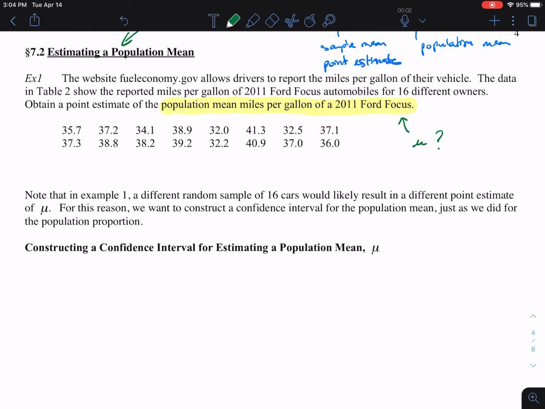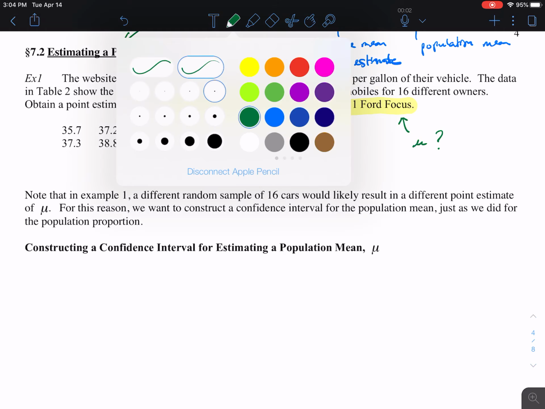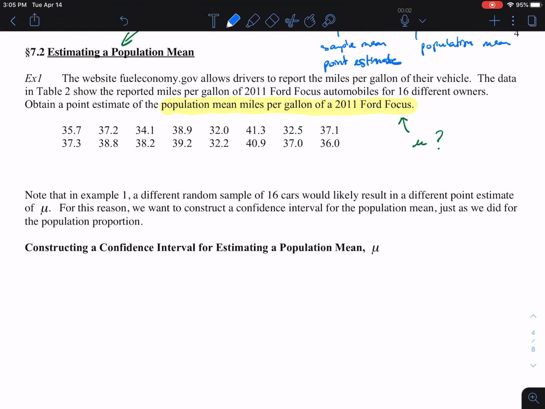In this example, we have 16 reported values of miles per gallon based on the drivers. This is just self-reported data, not as reliable, but it's something that we're given here.